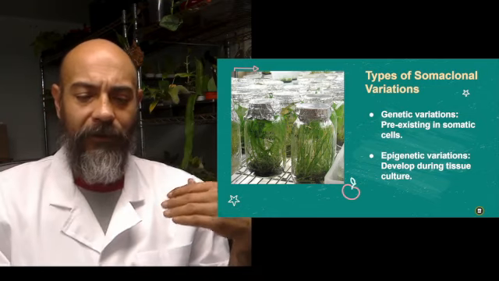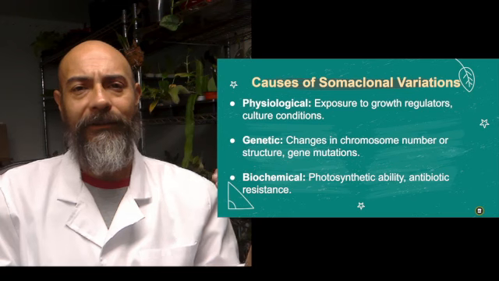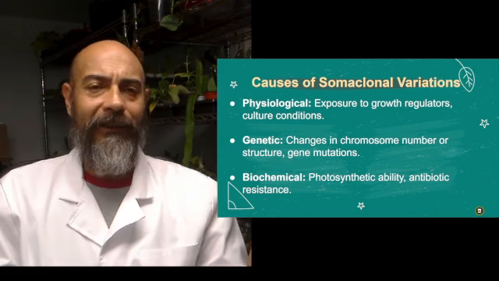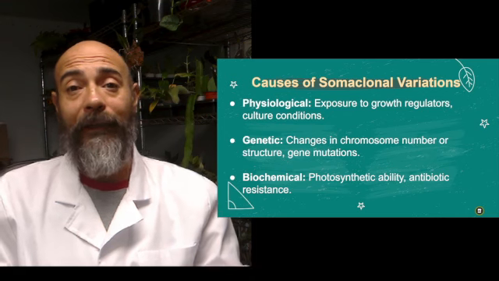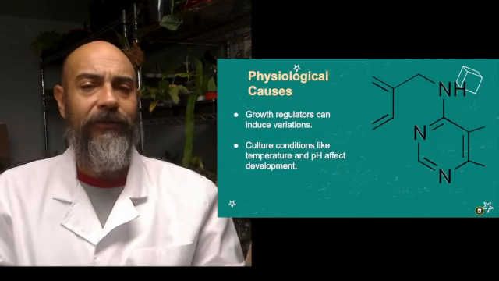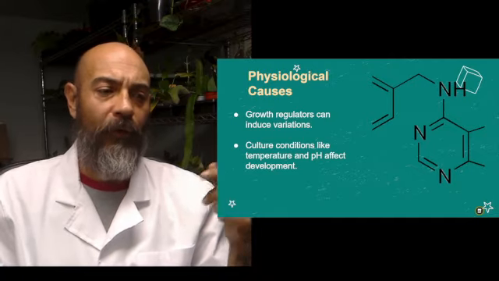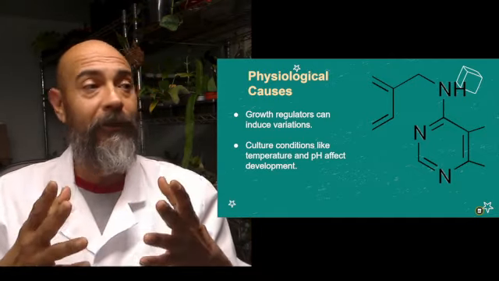Those happen during the culture process, and most of the causes there are going to be physiological, genetic, or biochemical. And we'll go over each one of those in depth. The physiological changes are mostly due to the growth hormones and the plant growth regulators that we use when we're culturing.